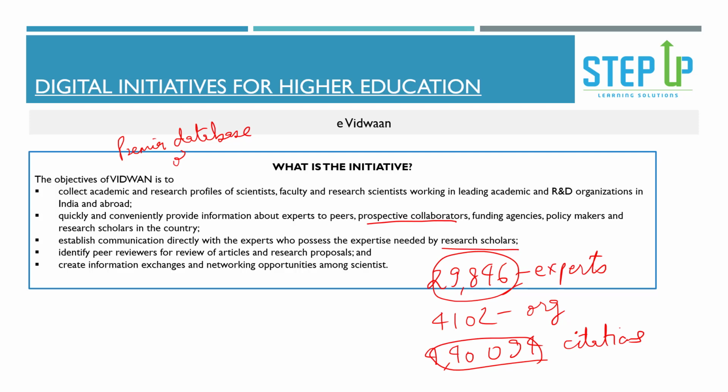So if I'm a researcher and I want access to somebody who has done work on that same thing earlier, and these big names all are there, this is that platform which helps me. And you can identify peer reviewers for review of articles. You can get your articles and research proposals reviewed. So really a great networking opportunity available to our scientists in the country.